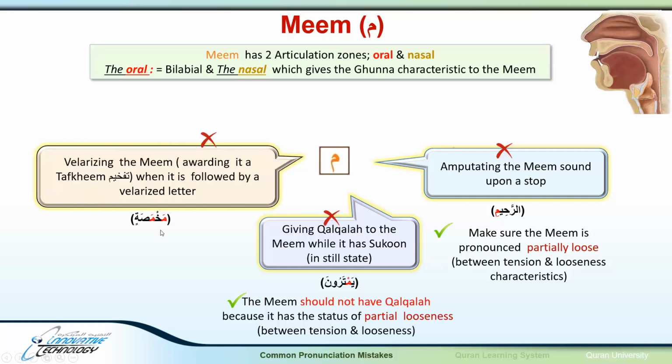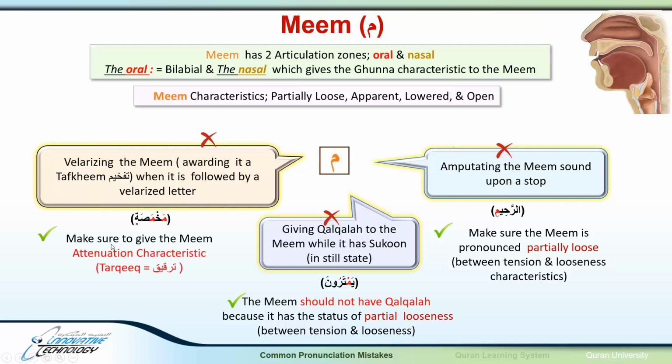And it's wrong to do that. The right way of pronouncing it is like this. Makhmasa. So make sure to give the Mim the attenuation characteristic, the tarqiq, that should be given to this letter.